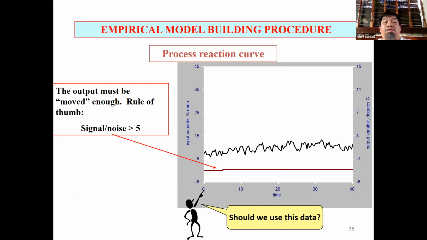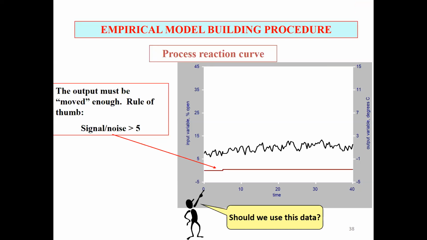So this is with a single step, you can see the signal to the noise ratio. So if we have this type of noise, can we use this in our calculation?